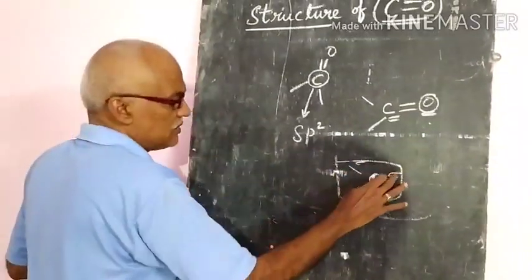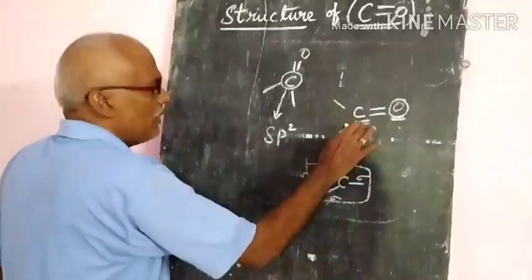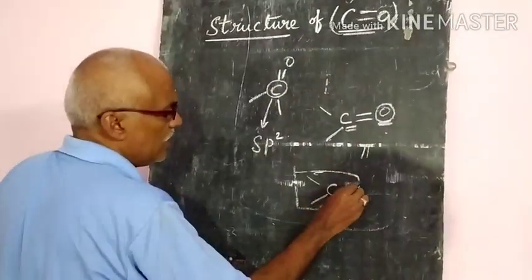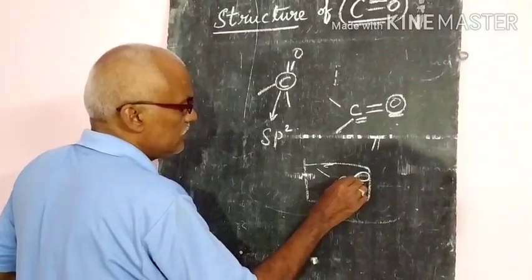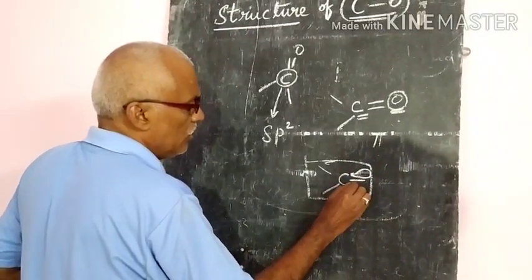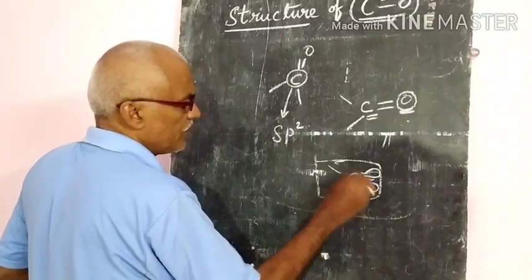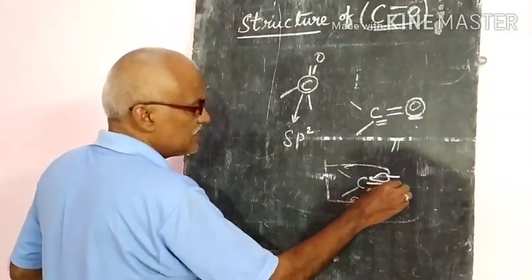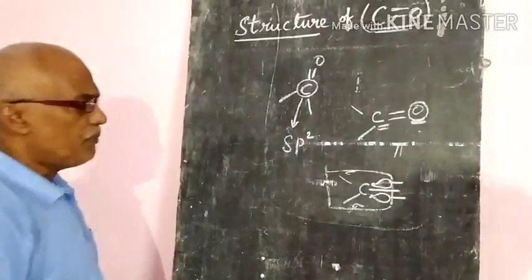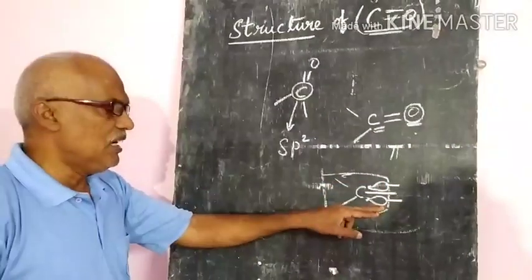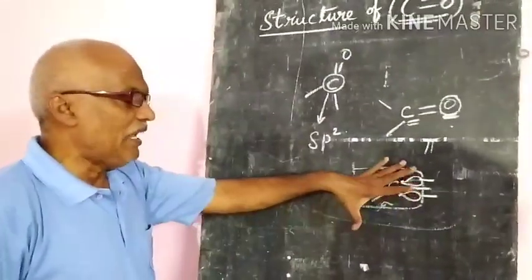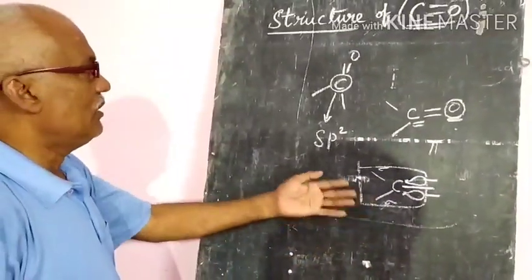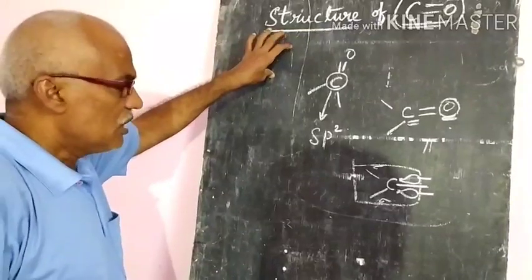All these 3 are lying on the same plane, but the pi bond will be above and below the plane. So these are the pi bonds, and this is the sigma bond. The pi bond cloud will be there above and below the plane surface. So this is the structure of a carbonyl group.